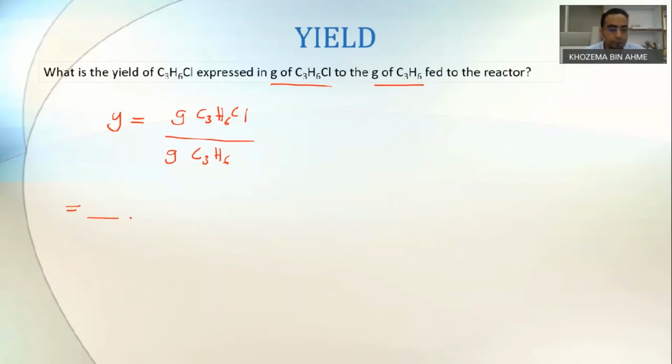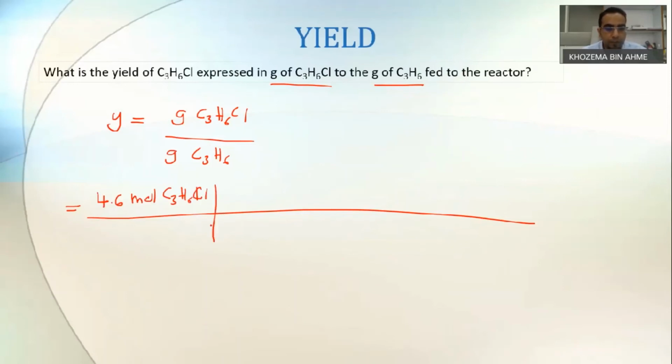We know that our mole of chloropropane is 4.6 mole chloropropane, and the molecular weight of chloropropane is 76.53 gram per mole chloropropane, divided by the gram of propane.